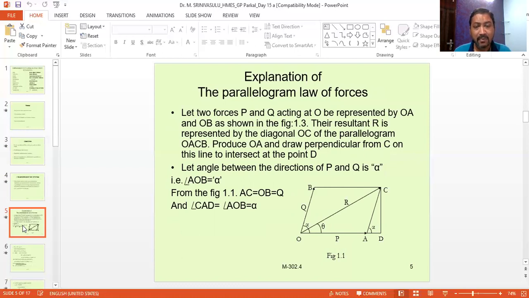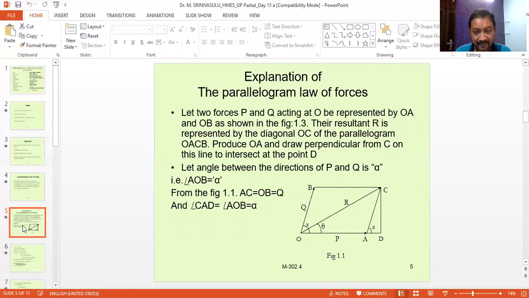Let the two forces P and Q act at point O, which is a common point. So they are acting from the common point O, that means they are meeting at the point. They are represented by OA and OB, the two sides.